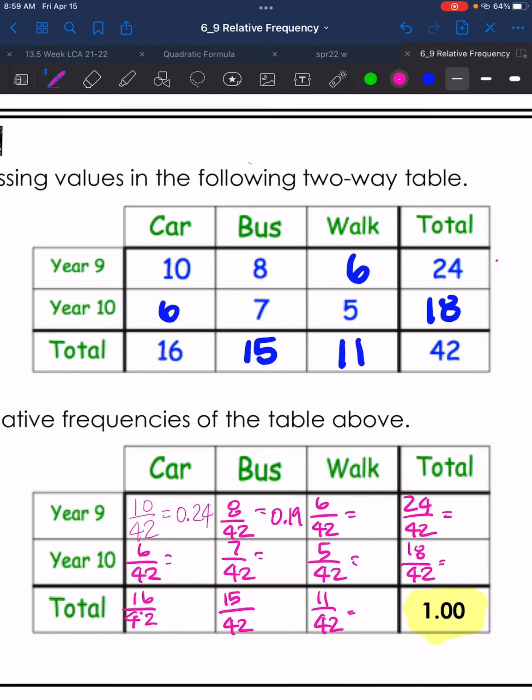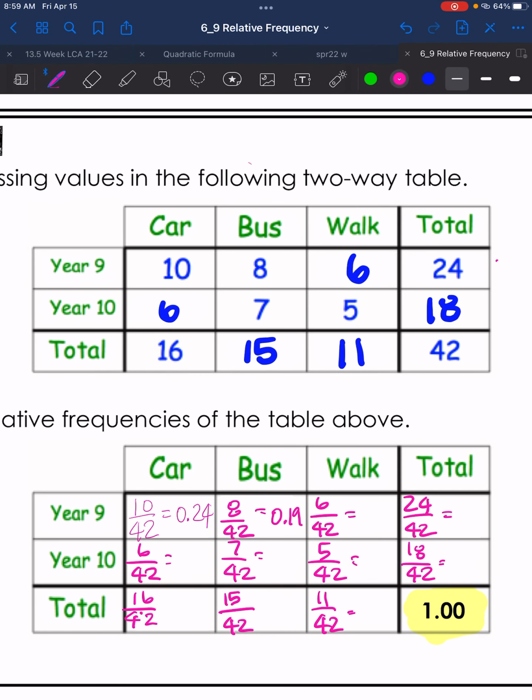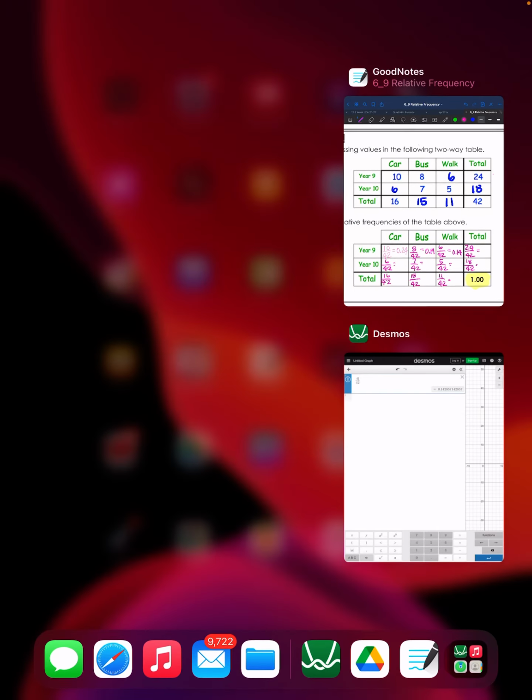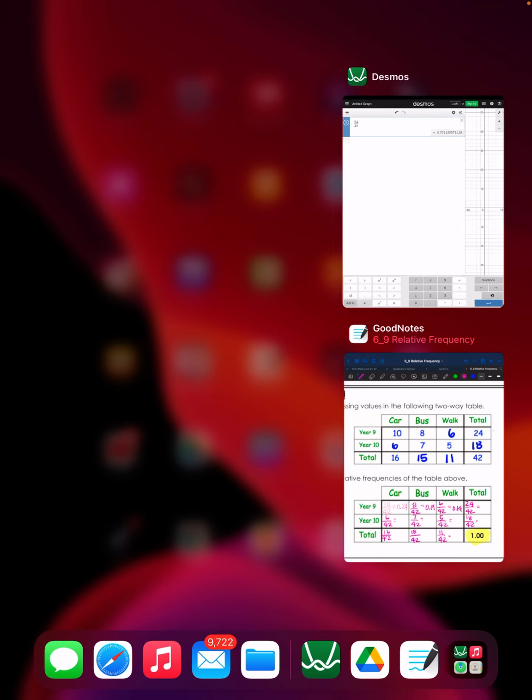Now I'm going to do 6 divided by 42. That gives me 0.14. And then 24 divided by 42. That's going to give me 0.57.